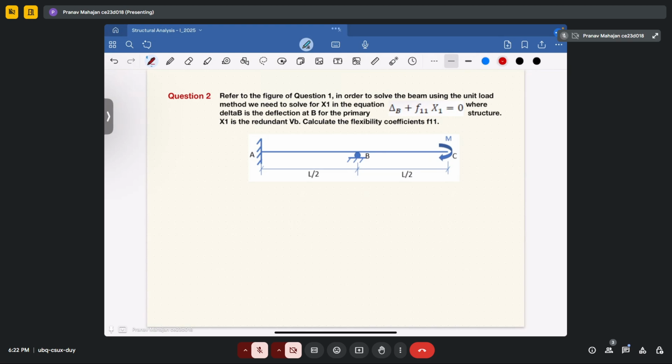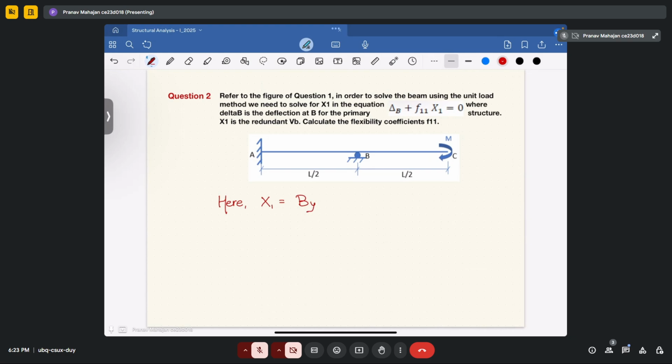Here I have mentioned H1 to be equal to By. Fine. Where it is given to you the corresponding compatibility equation. And it is expected to calculate the flexibility coefficient F11. So this flexibility coefficient will be the displacement due to the unit load that we have provided by removing the redundant force.